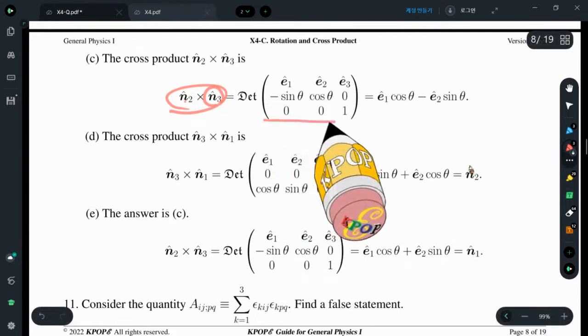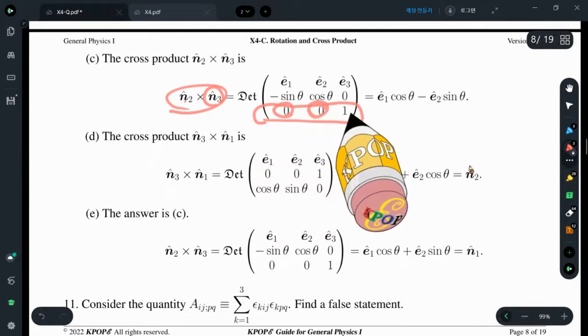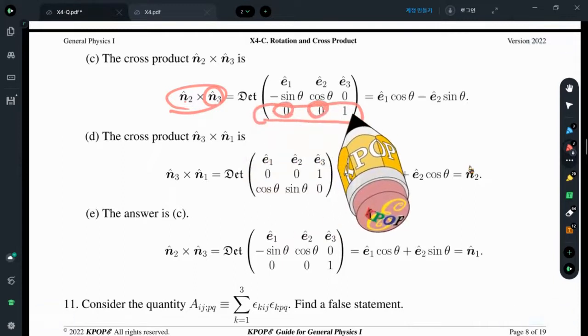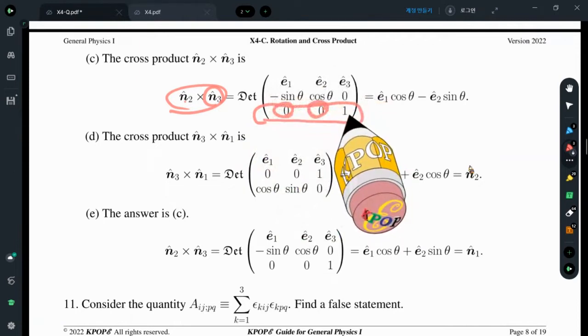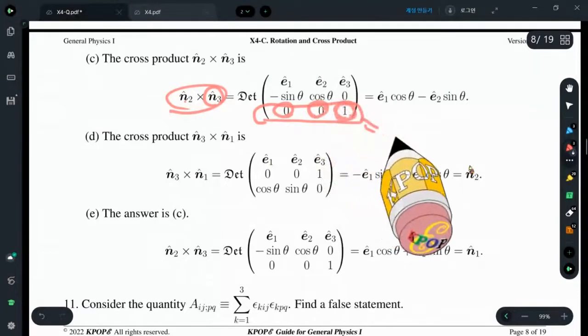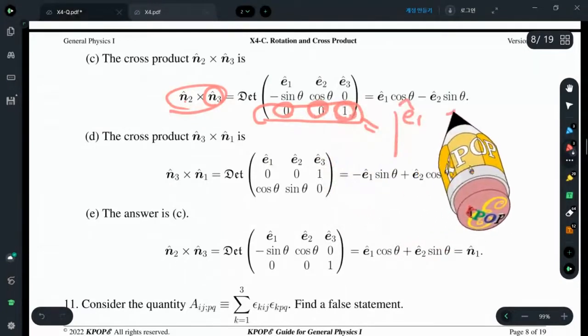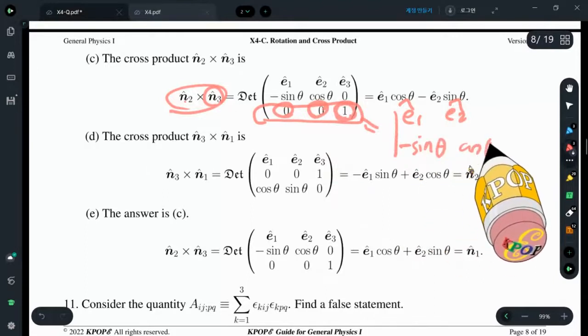The simple trick is because all these elements are 0, the only non-vanishing contribution among these determinant terms is this 1, so this one is the same as E1 hat, E2 hat, minus sine, cosine.